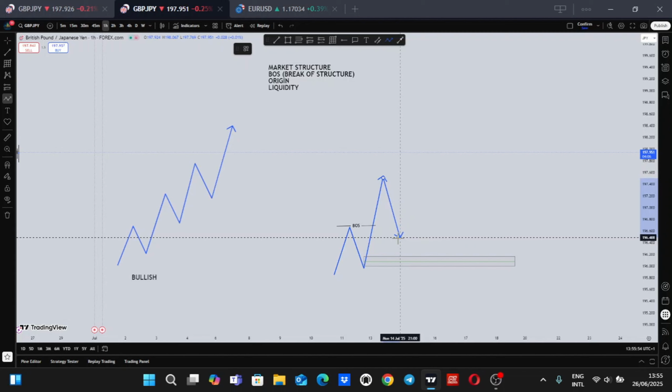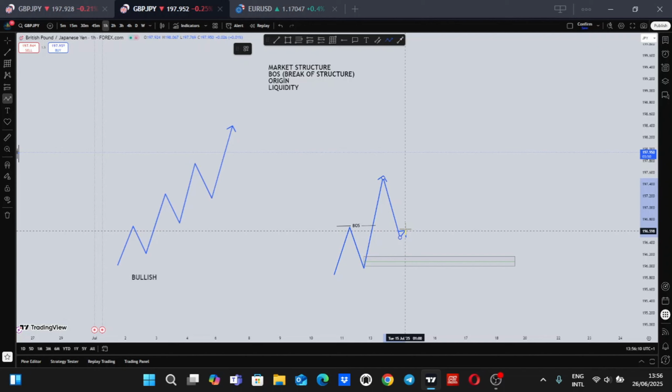So you are expecting to see something like this: market pushes down, but it won't get to our origin immediately. It pauses somewhere around here, very close to our origin, then pushes up a little bit, might come back again, push up. All this is just to confuse traders.